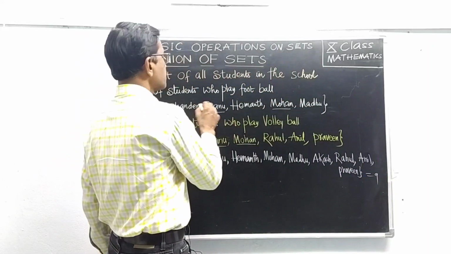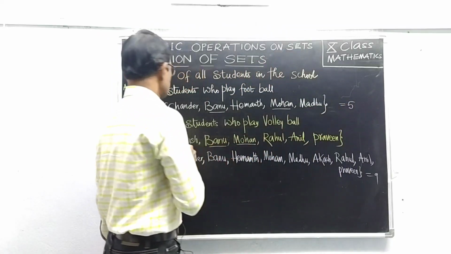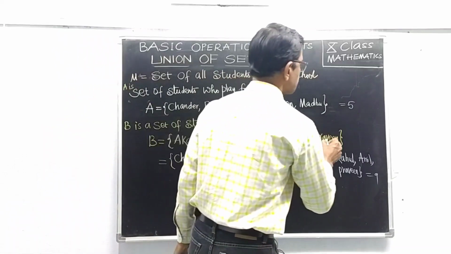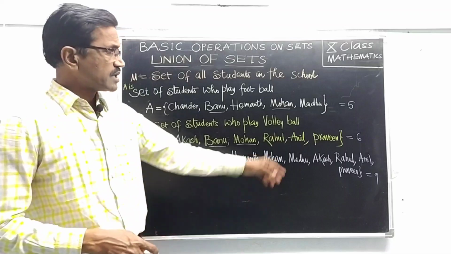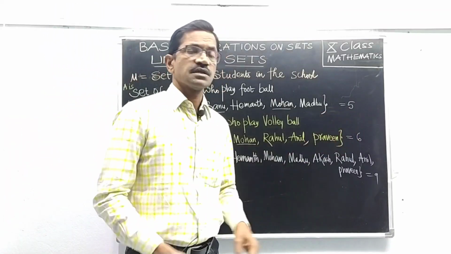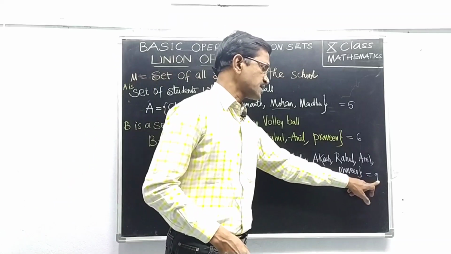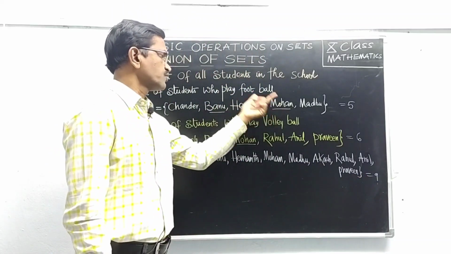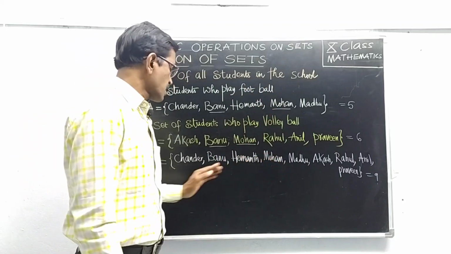Here 1, 2, 3, 4, 5: 5 students who play football. 1, 2, 3, 4, 5, 6: 6 students play volleyball. Together 5 plus 6 should be 11 students. But here there are only 9 students because 2 students play both football and volleyball, so we write them only one time.